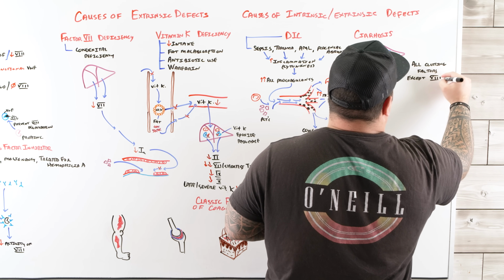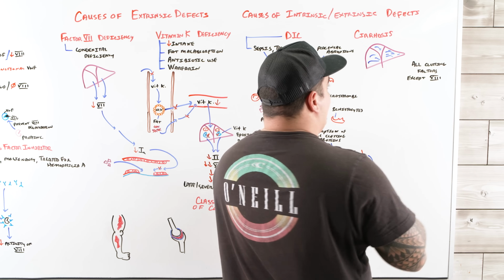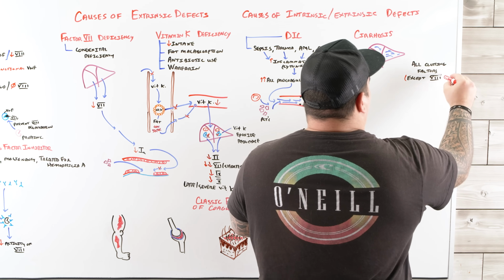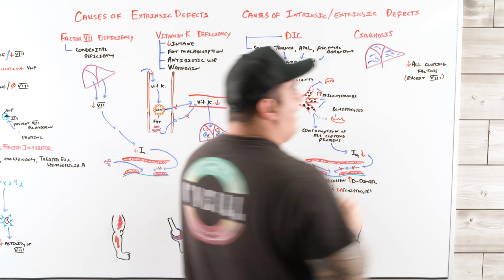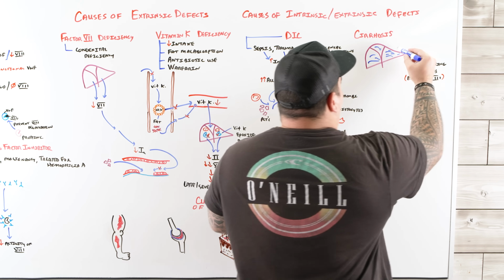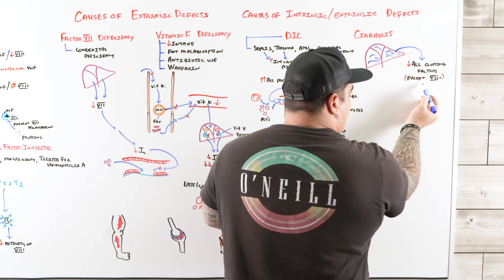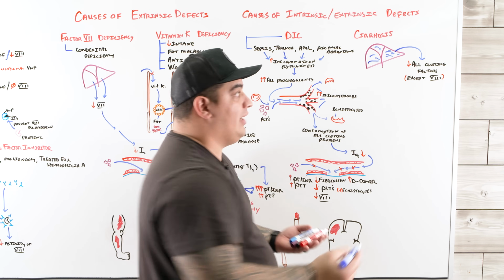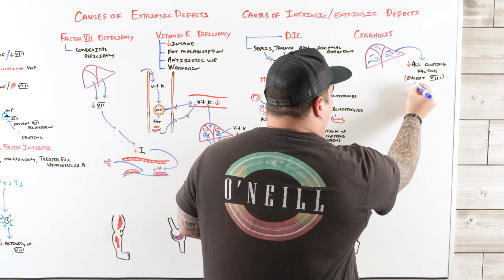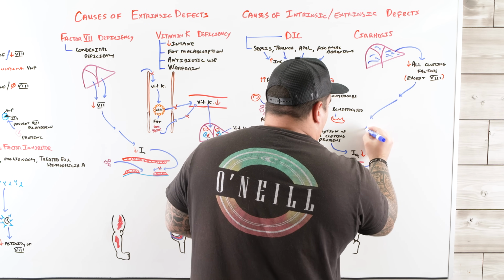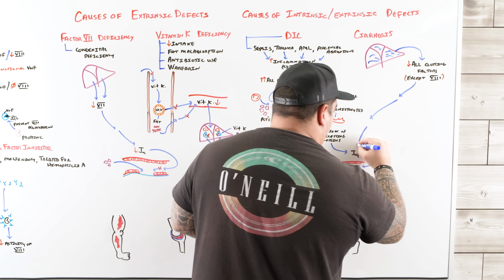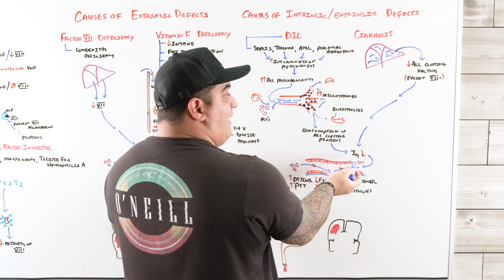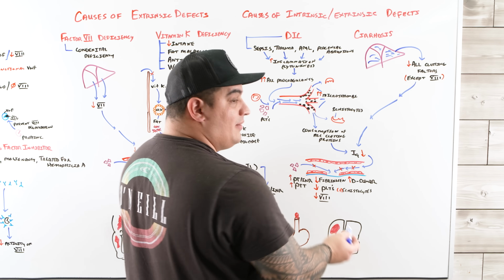Factor 8, because that's made by your endothelial cells. So all of these factors are diminished except factor 8. Now, if I'm not able to produce all of these clotting factors that are part of the intrinsic and extrinsic pathway except for factor 8, what's going to happen to the actual fibrinogen levels? Fibrin levels. I'm going to get less fibrin, and less fibrin leads to less clots.